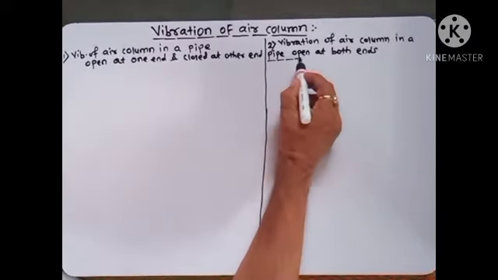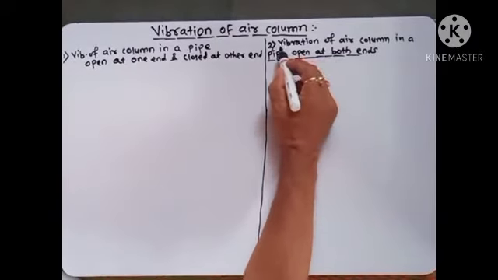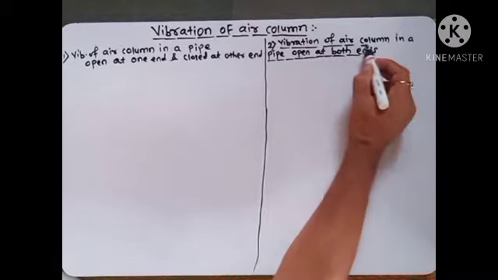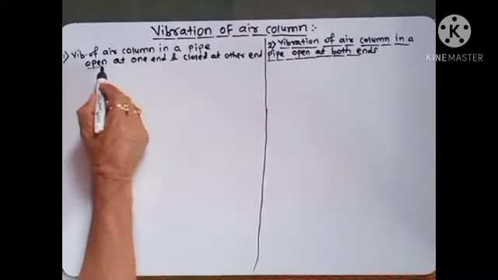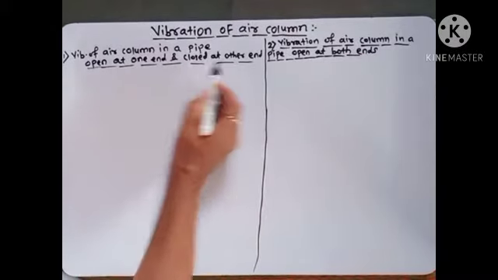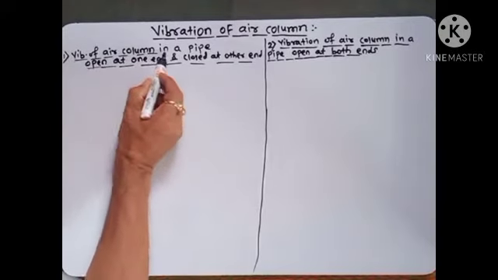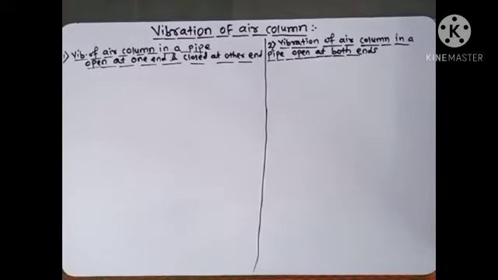Here we will see these two articles at a time because we have to compare the different equations. We have to make the comparison in the two. So we will see here at a time. See here, vibration of air column in a pipe open at one end and closed at other end.